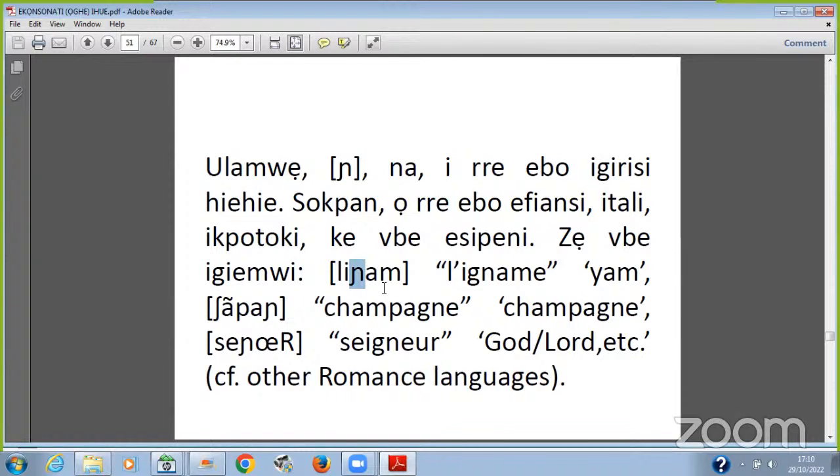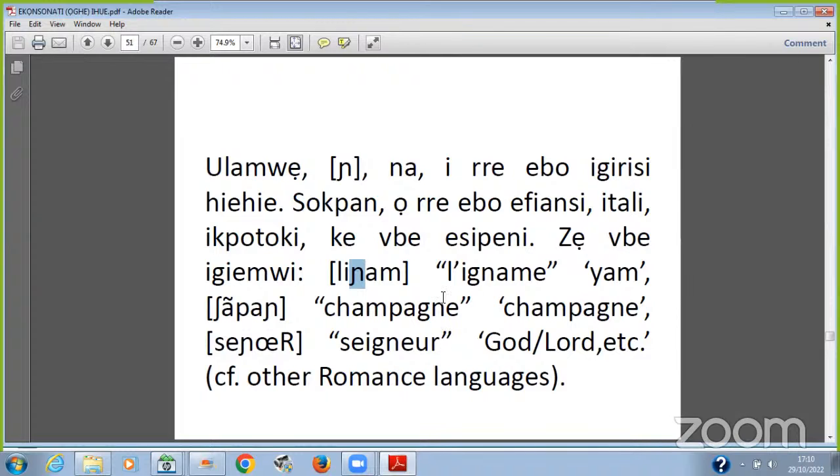Okay, liam. So that is our yam, and then you have it in champagne, and then you have it in Seigneur, that is God in French.